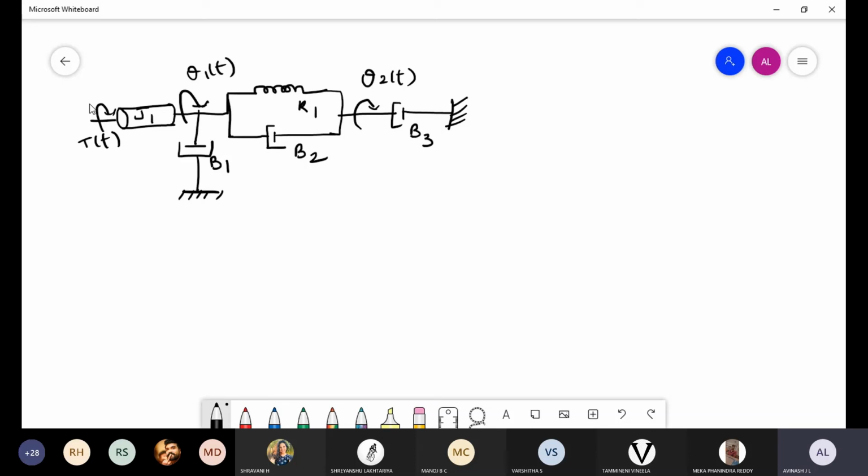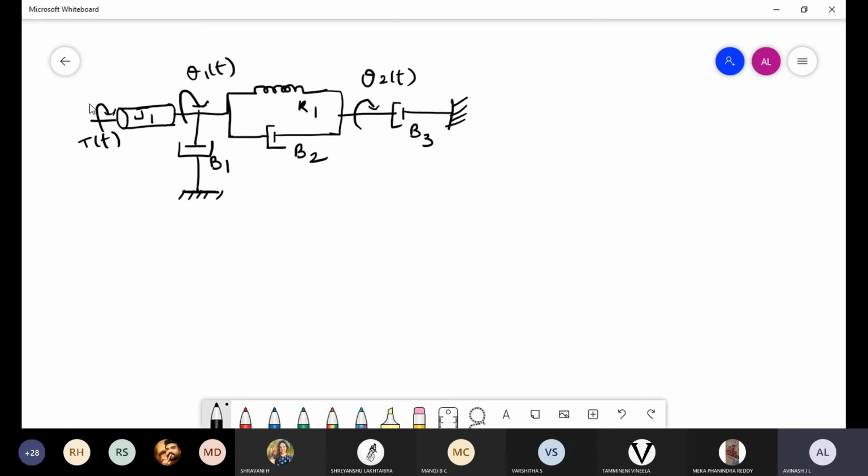Hence in the given numerical, another angular displacement theta 1 is to be considered, and the modified mechanical system is shown above.